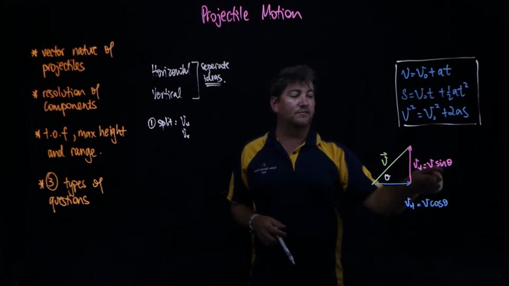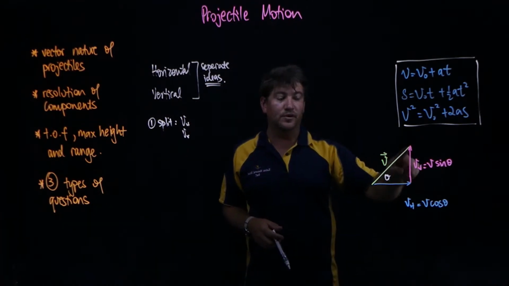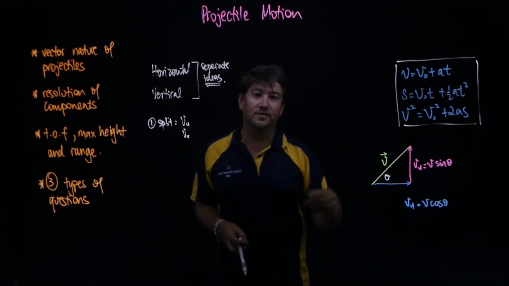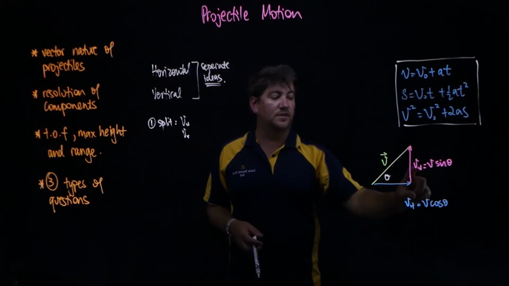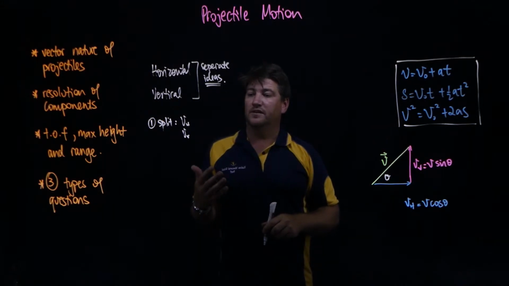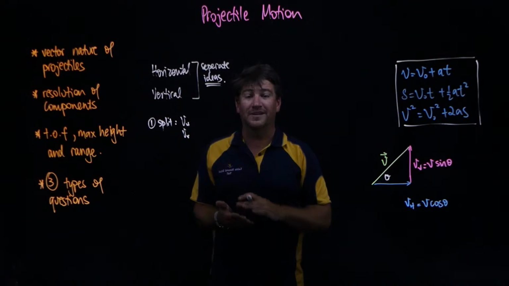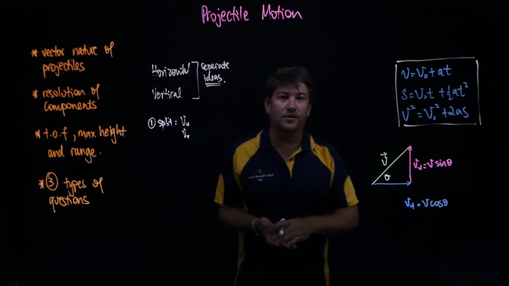We use V sine theta, sine is the vertical, cosine is the horizontal here. We use those two formulas to split this into these two. So we're using what we know about the question to split it into its horizontal and vertical components. That way we're less likely to get confused further along.